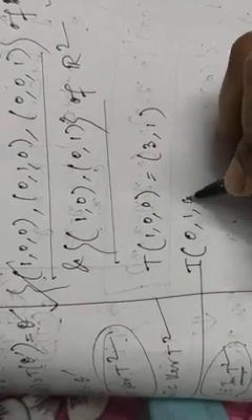So 0 1 0, its image will be minus 2 comma minus 3. Then T of 0 0 1, its image will be 1 comma minus 2. Now these are all image elements. That means they all belong to the codomain set, which is R square here, right?